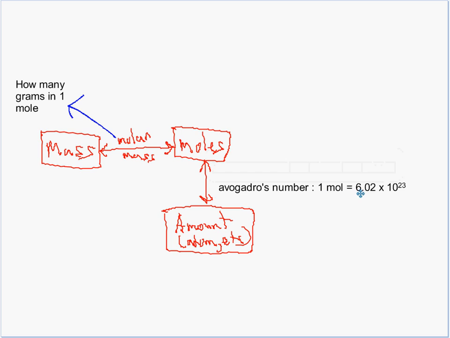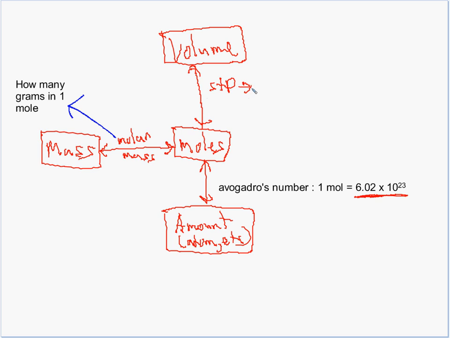Technically, Avogadro's number is just the 6.0 times 10 to the 23rd, but it's important that you understand 1 mole equals this, because without an equality, you can't do any conversions. And then we can also convert to volume, which we actually did at the beginning of the year without really knowing what a mole was. And I still haven't talked about it yet, so, oh, well, nothing's changed, I guess. And we know at STP, 1 mole equals 22.4 liters.